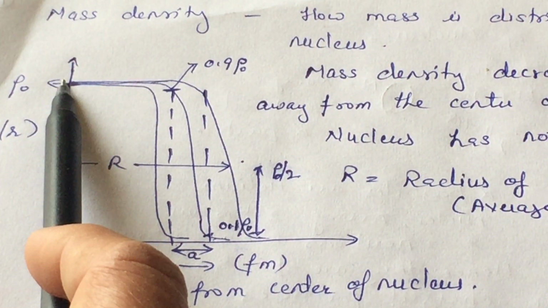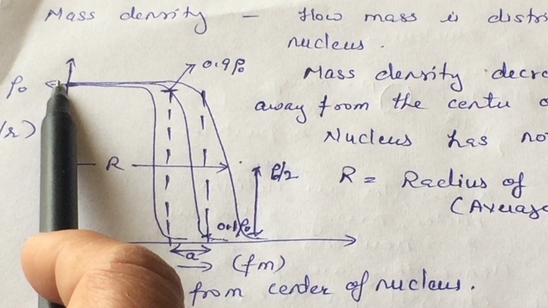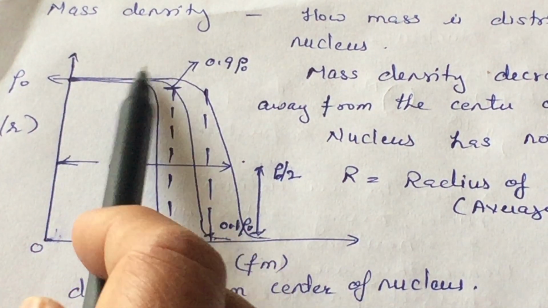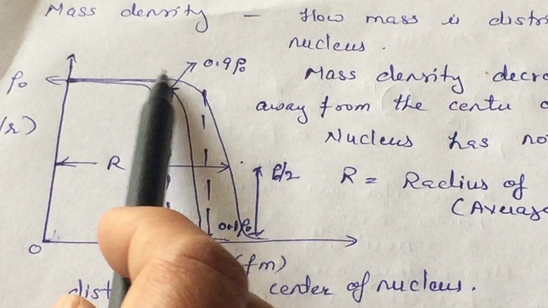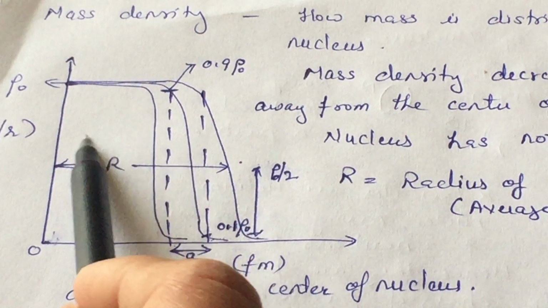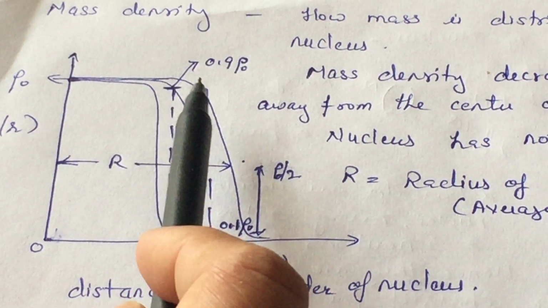This is the maximum mass density. It means the number of neutrons, protons, or nucleons is maximum in this range. The number of nucleons is very large for this range of distance from the center of the nucleus.